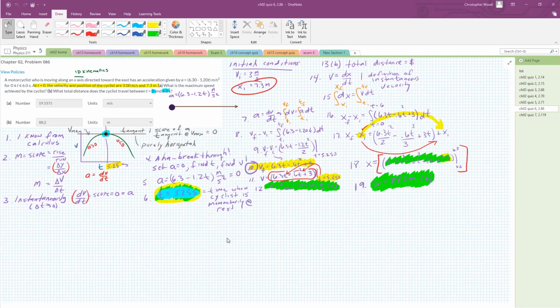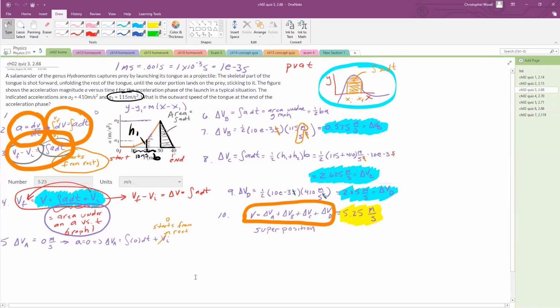Hi, Professor. This might sound kind of stupid, but when in the third quiz do you need to change the milliseconds to seconds? Well, I'm changing milliseconds to seconds just to be dimensionally consistent, because the answer is looking for velocity expressed in terms of meters per second.